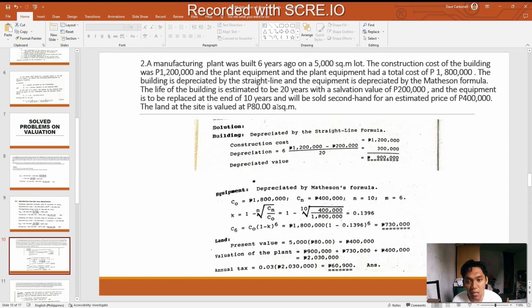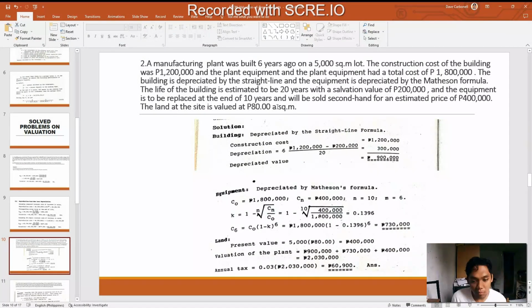C subscript O represents the total cost of the plant equipment used in the manufacturing plant, and C subscript N represents the second-hand value of the equipment. N stands for the years until it is to be replaced, and M stands for the time that the manufacturing plant was built years ago.